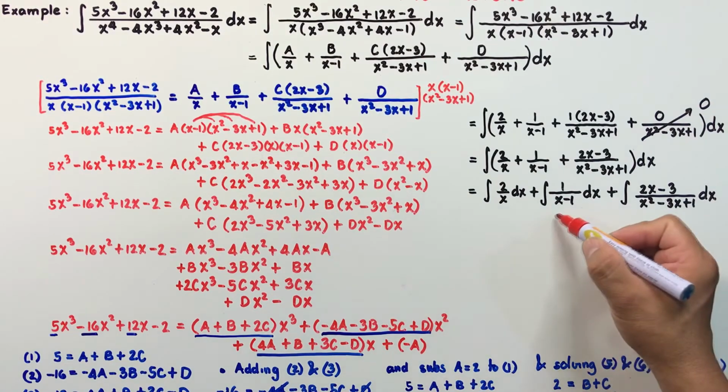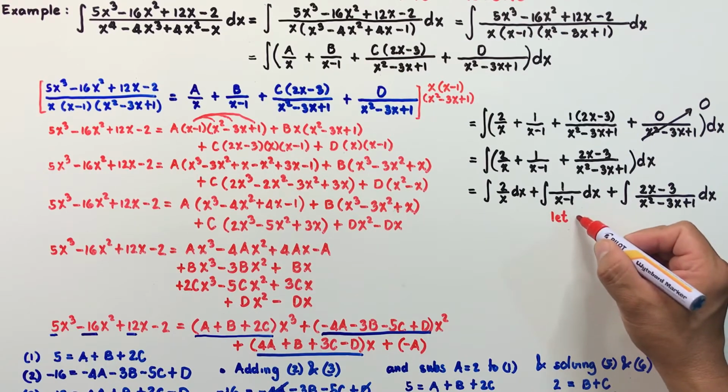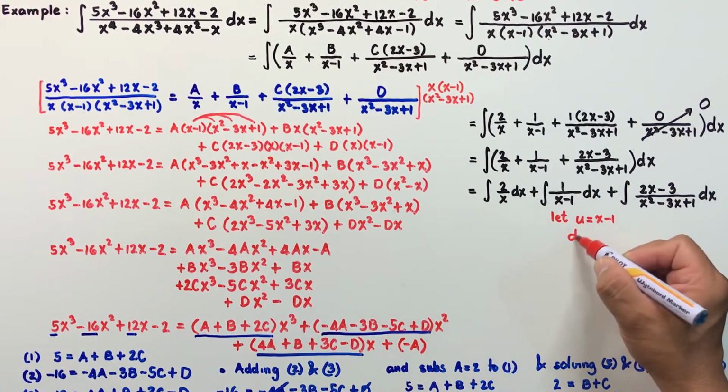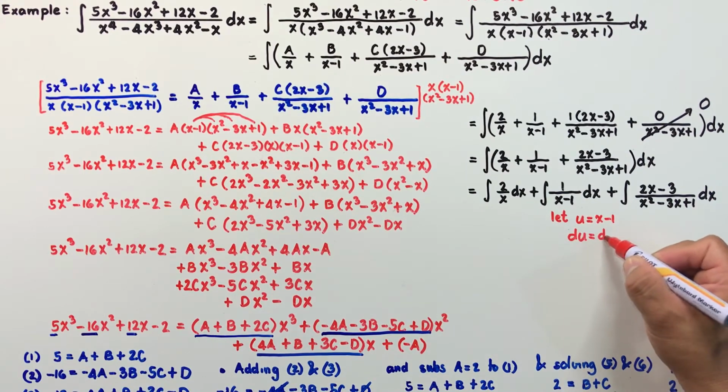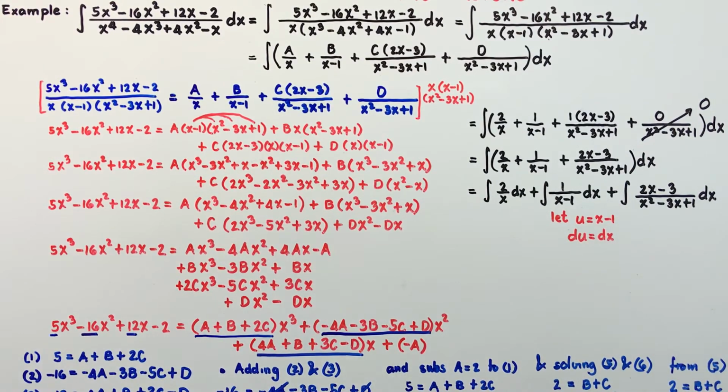And if we let our denominator x minus 1 as our u, we know that the du is dx, because the differential of x is dx and the derivative of negative 1 is 0.